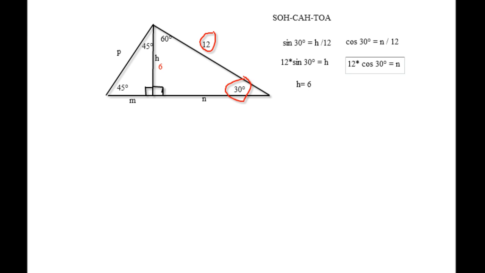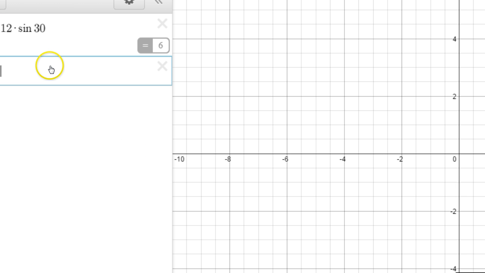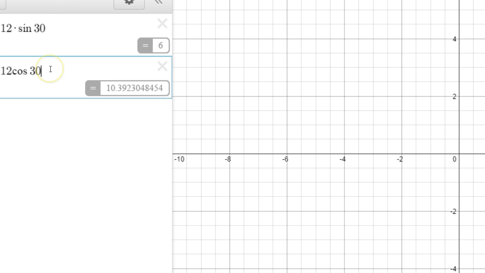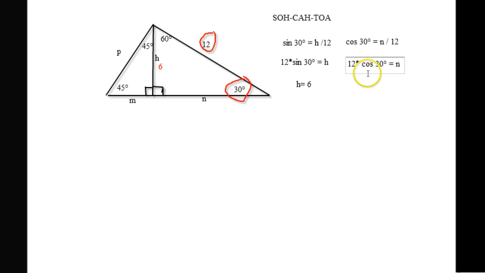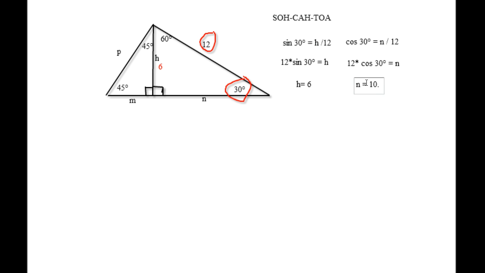Once again, if we use our decimals, 12 cosine of 30 is going to be about 10.39, and I am going to use 10.39 just because I want to keep it as close to the hundredths as possible. I don't want to cut off any more decimals than I have to.